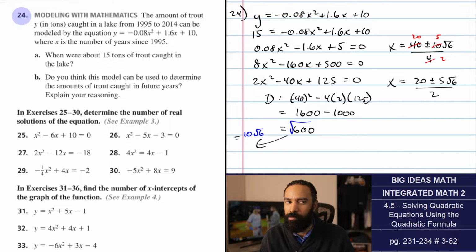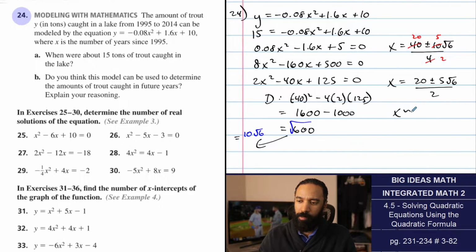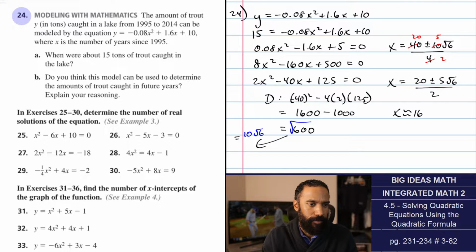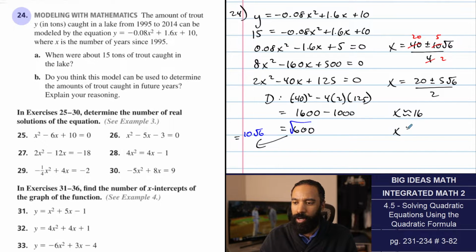And we get 16.1, so x is about 16. And also 20 minus this. Now what we've got to check is what domain we're referring to. So x is about 4 there.